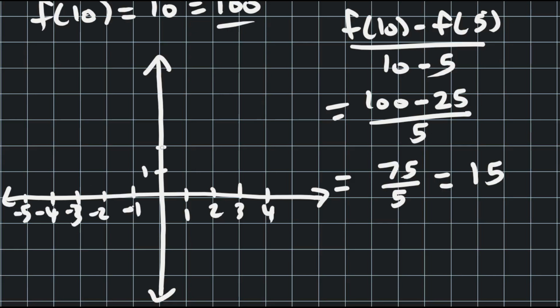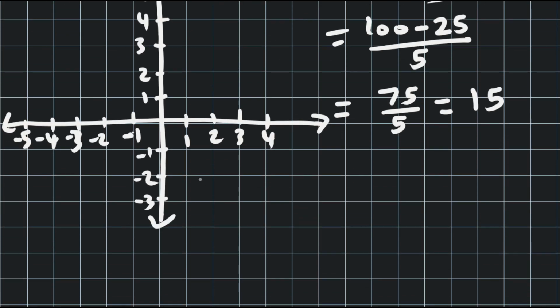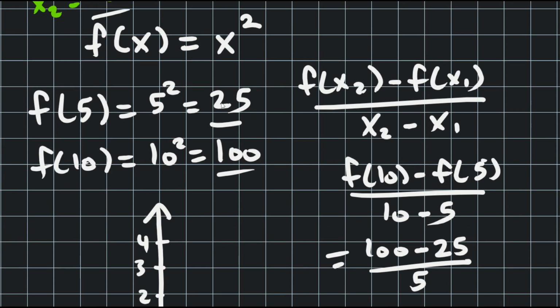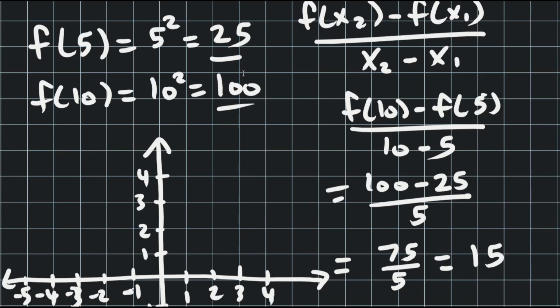And up here is 1, 2, 3, 4, and down here is -1, -2, -3, and then -4. Okay, let's graph this function, f of x equals x squared.